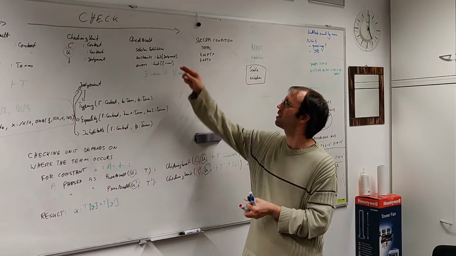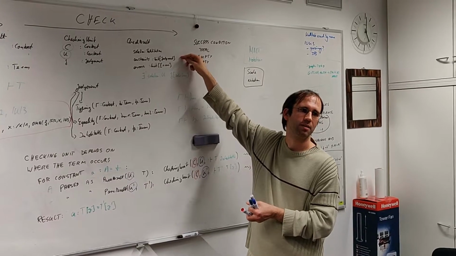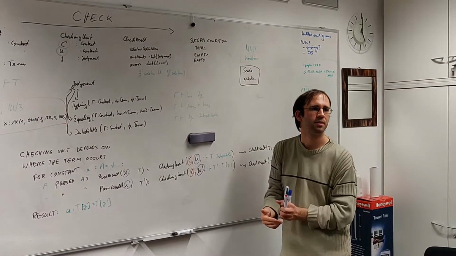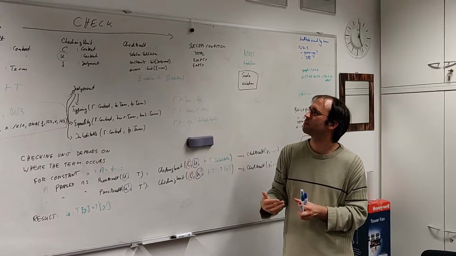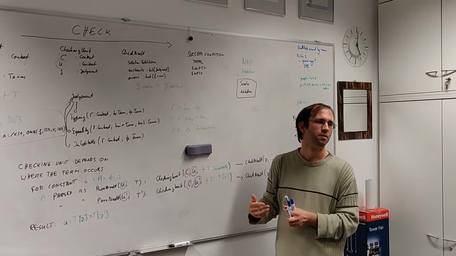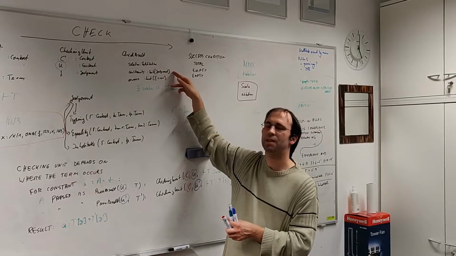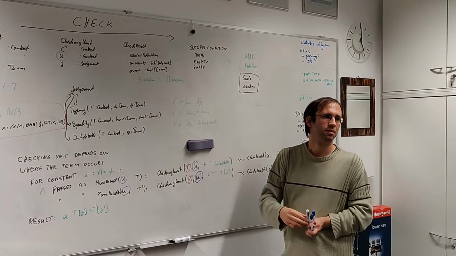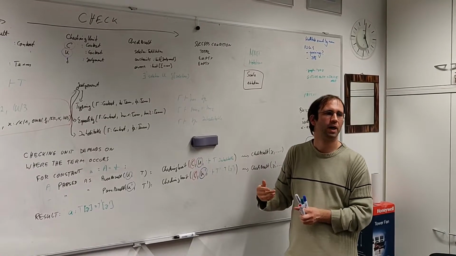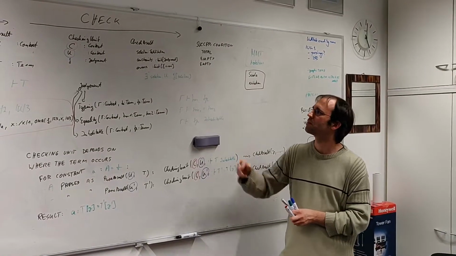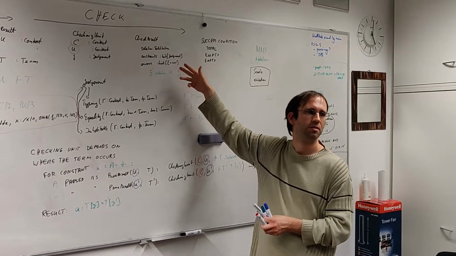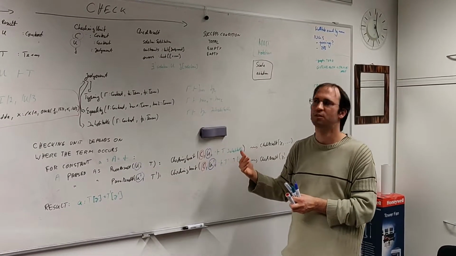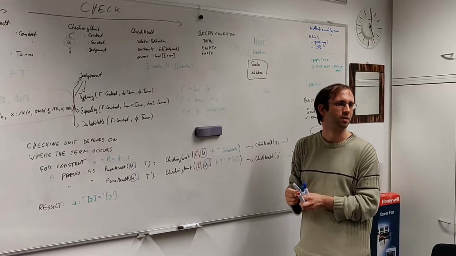You just put it back into this list at the end, and you go to the next one, and you hope that with these other constraints you'll eventually be able to solve the unknowns, so that when you come back to the delayed constraint, you'll be able to make progress there. That's basically one big while loop that cycles through all these constraints, picks a constraint, sees if there's a rule that's applicable, if so, applies the rule, if not, puts the constraint back and goes to the next one.